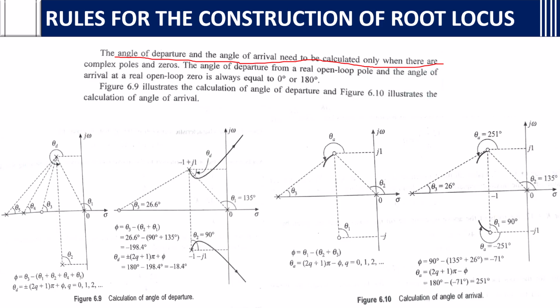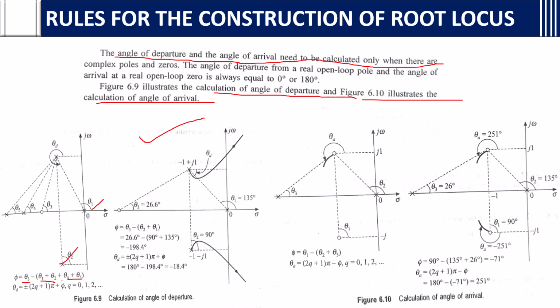Figure 6.9 illustrates the calculation of the angle of departure and of the angle of arrival. See, 6.9, this is the angle of departure. Here phi is equal to theta 3 minus (theta 1 plus theta 2 plus theta 4 plus theta 5).